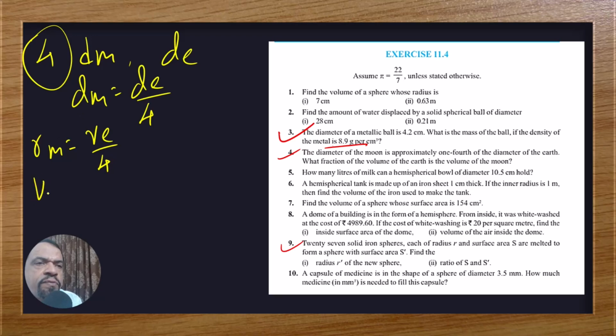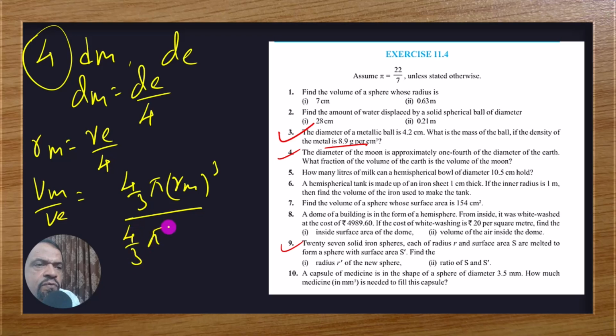Now the volume ratio, Vm upon Ve, is 4 upon 3 pi Rm cube upon 4 upon 3 pi Re cube. So this will be cancelled. Now in place of Re, see here Re will be 4 times Rm.